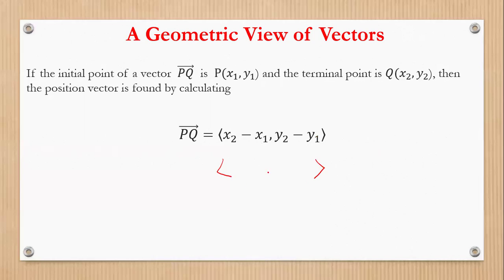For any vector, we have to have an x and a y, and the x will be calculated by subtracting the initial from the terminal. So just remember, we need to use the terminal point first and then minus the initial point for x, and the same for y. The terminal minus initial, y2 minus y1.